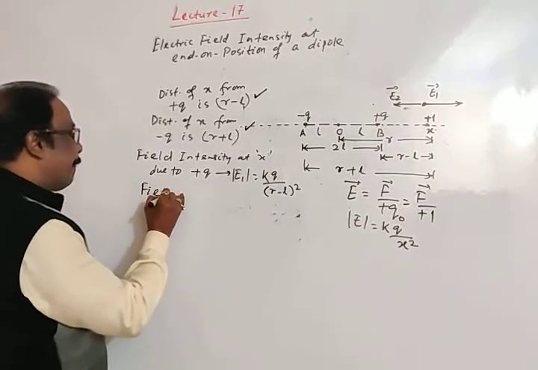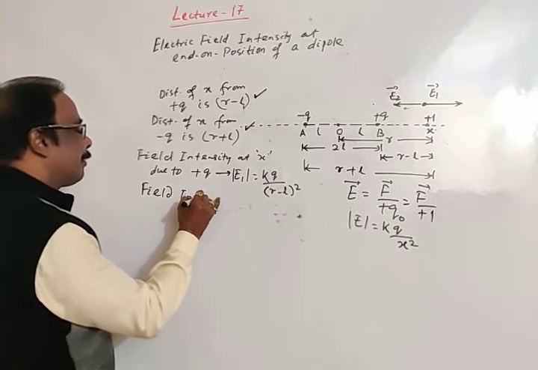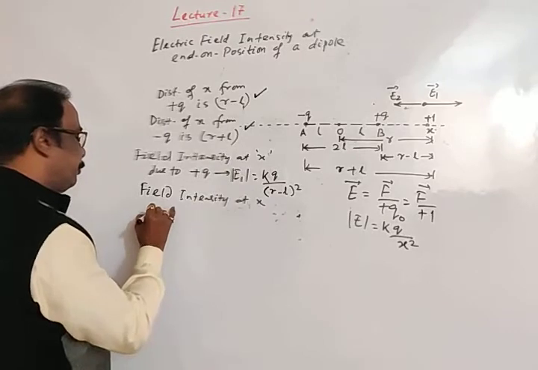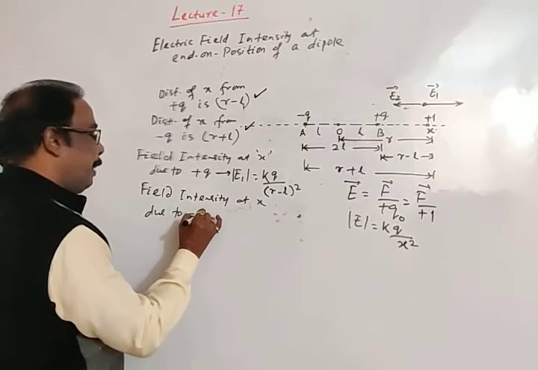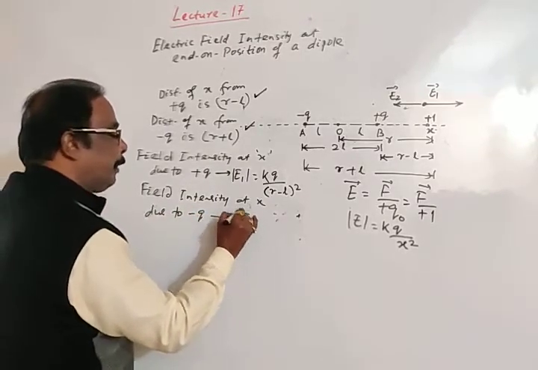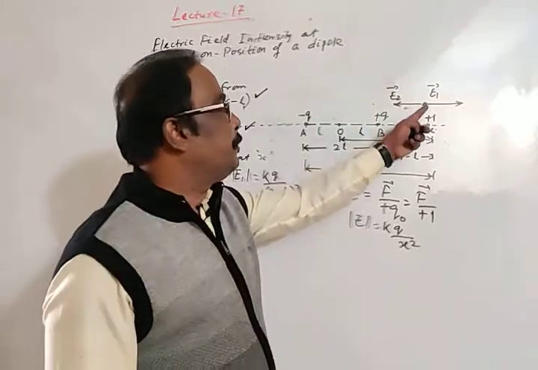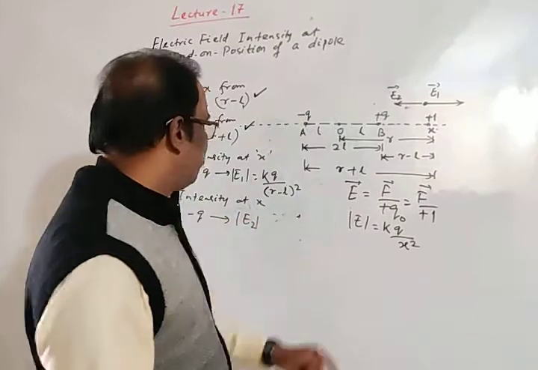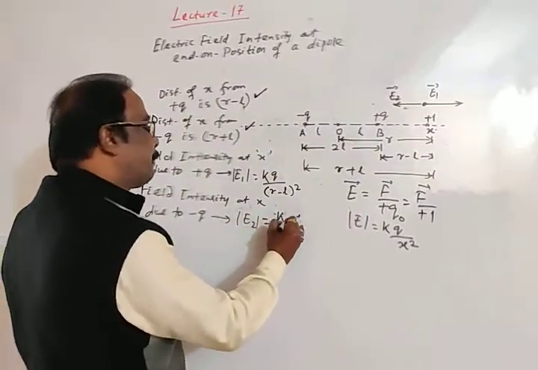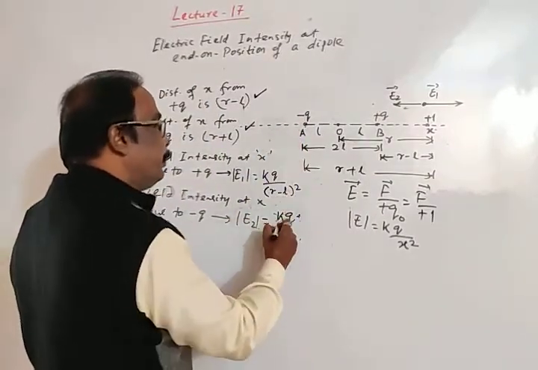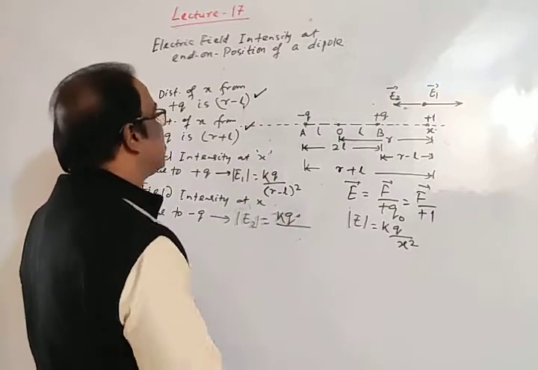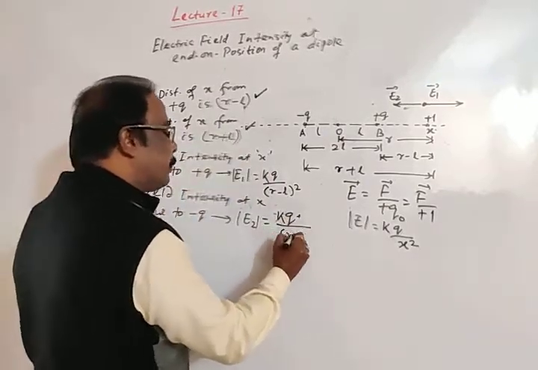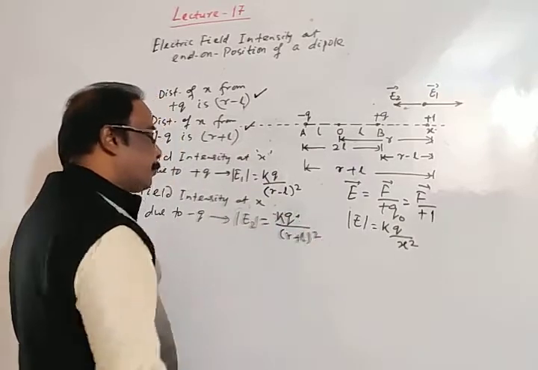Similarly, the field intensity at X due to minus q. Let the field intensity due to minus q be E2, since minus q attracts this unit positive charge. Then the magnitude of E2 is kq divided by the square of the distance. The distance of X from minus q is r plus l, so the square of the distance is (r plus l) whole square.